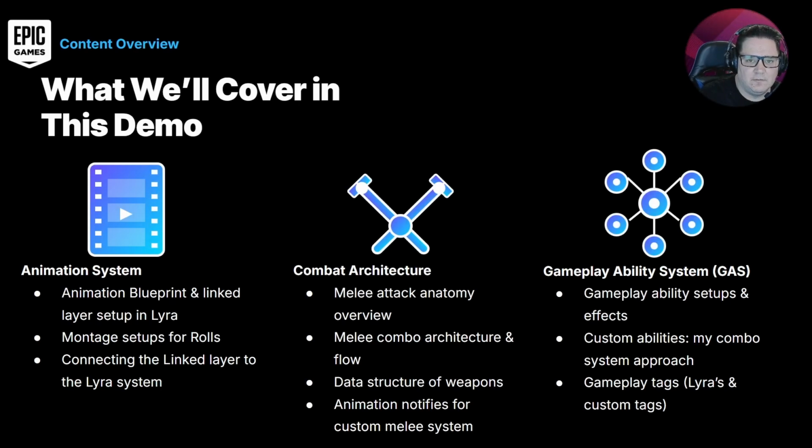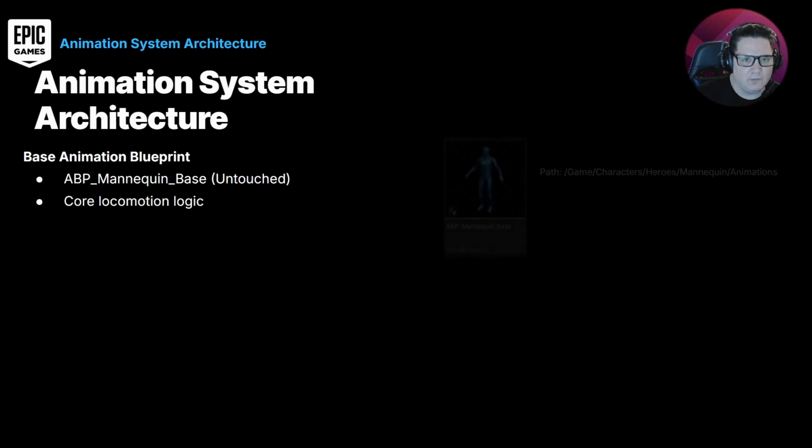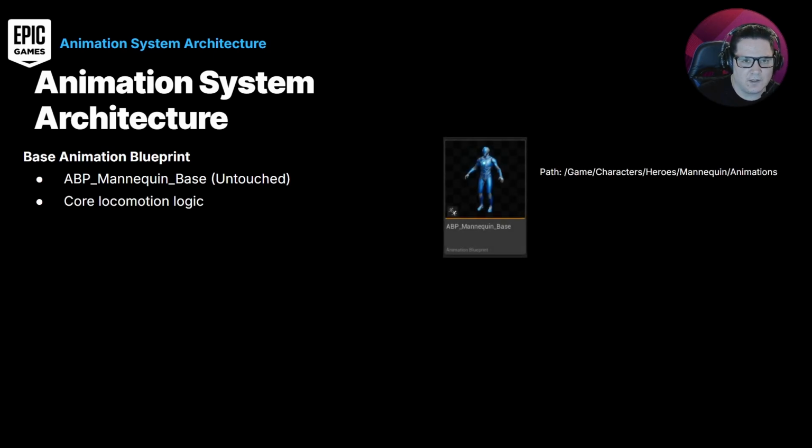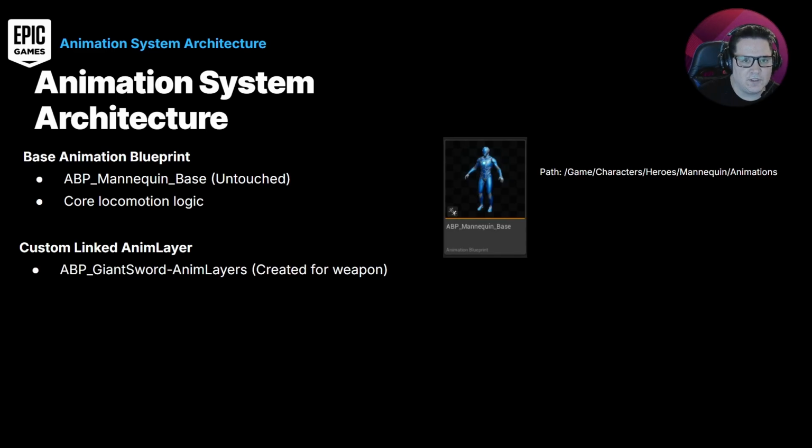So let's dive into the animation system architecture inside of the Lyra system. First we have the ABP Mannequin Base. This one we will not touch, because it contains the core locomotion logic. What we need to do is create a custom linked layer animation for the giant sword.